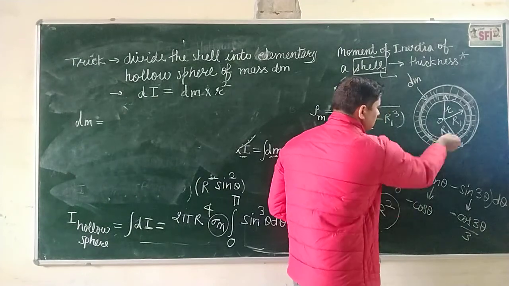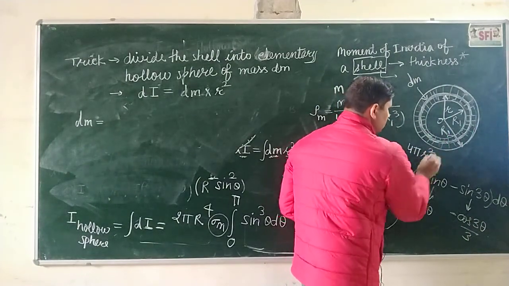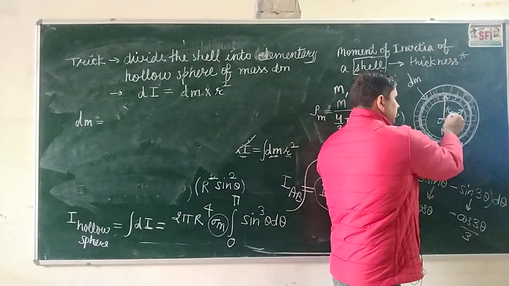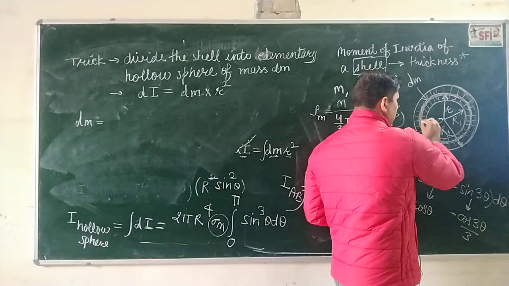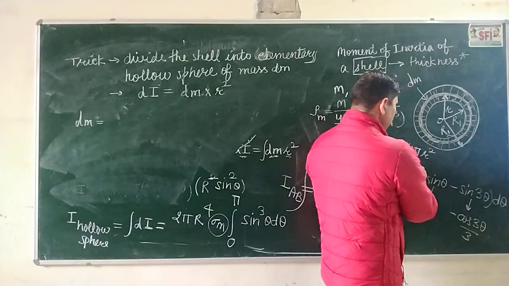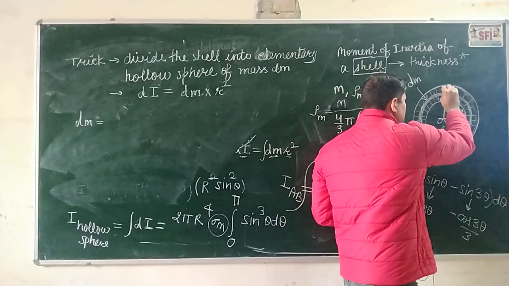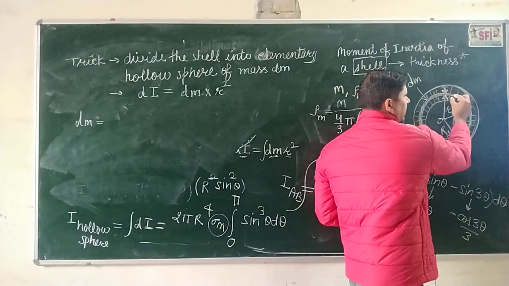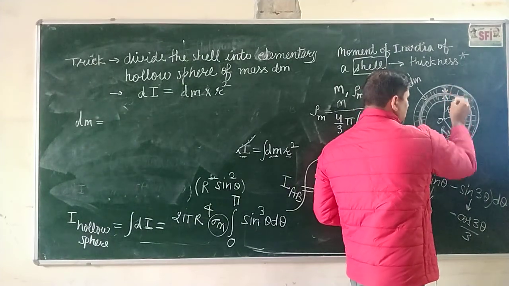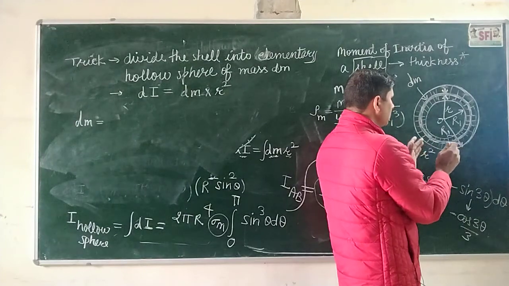You see, this is the radius of this hollow sphere, so the inner curved surface area will be 4 pi r square, and if you multiply it by the thickness of this elementary hollow sphere, then you will get the volume of this elementary hollow sphere.